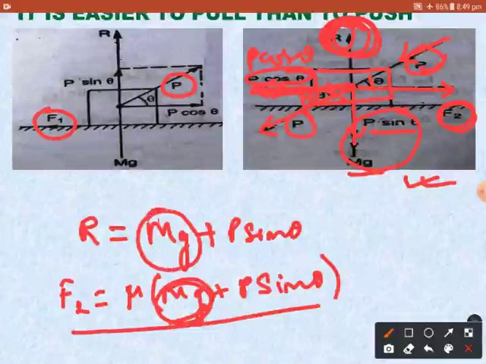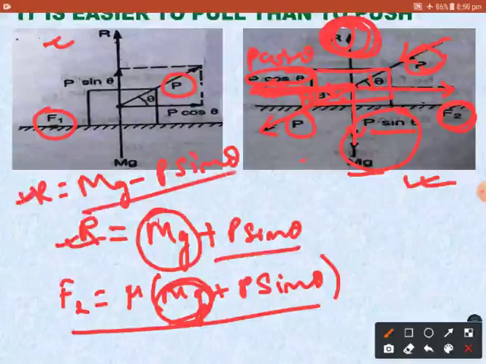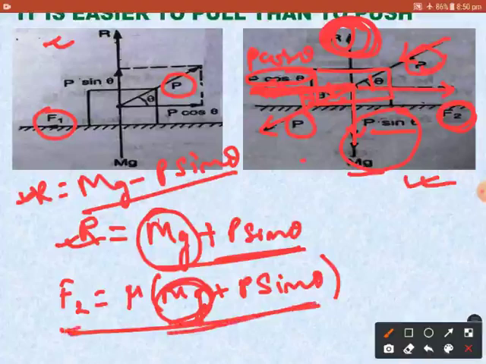But in the case of pulling, your normal reaction is equal to weight minus P sine theta, right? So here it is added. Normal reaction is more in the case of pushing. Normal reaction in the case of pulling is less than the weight, but here it is more than the weight. So your frictional force is more in the case of pushing.